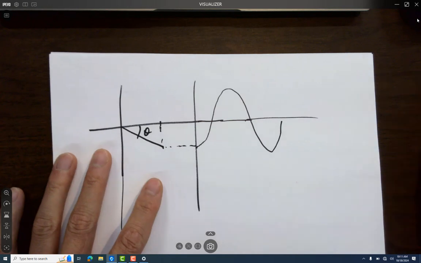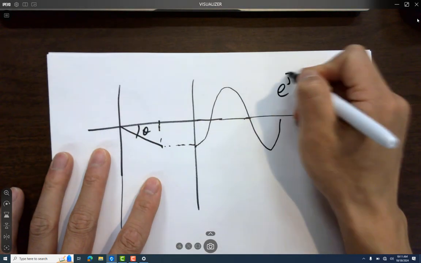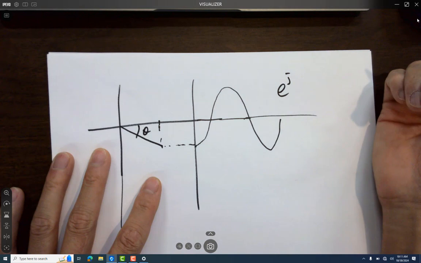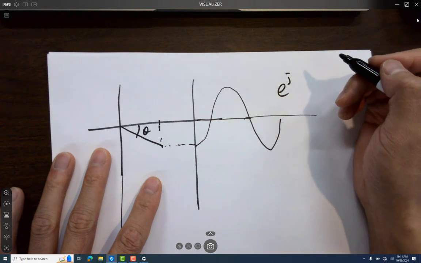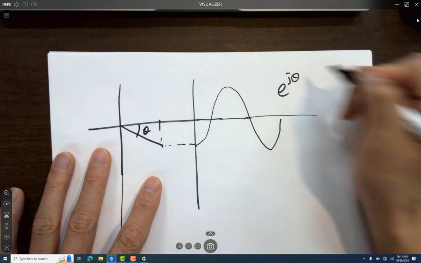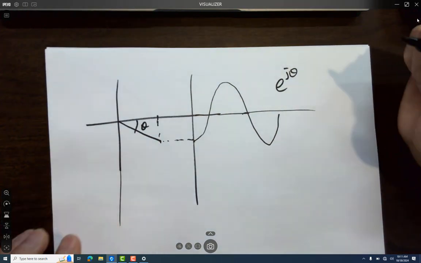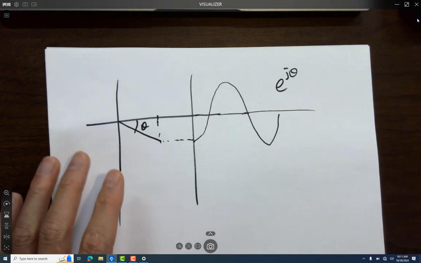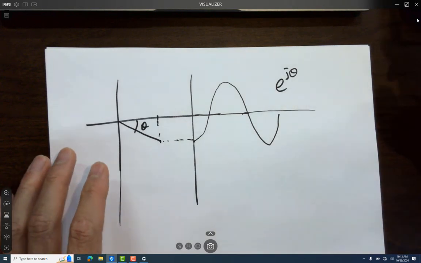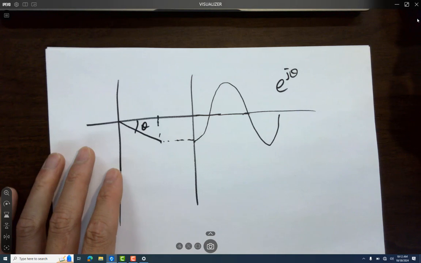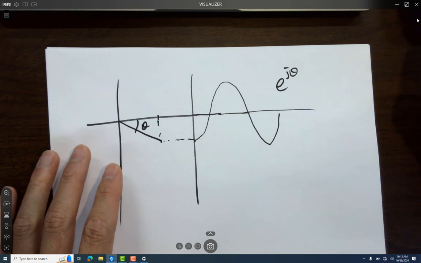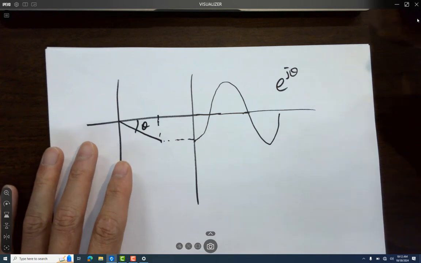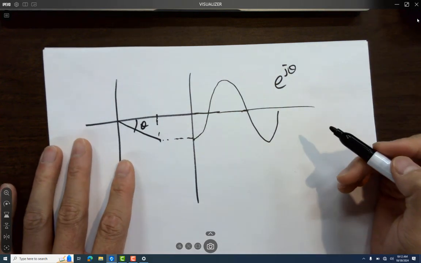Okay? So this becomes what? e^(jθ). Because it's labeled as theta, so it's still theta, right? Even though it's negative. So what's the difference, if theta is a lagging situation at 30, between cosine of omega t plus 330 or omega t minus 30?